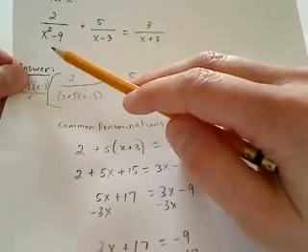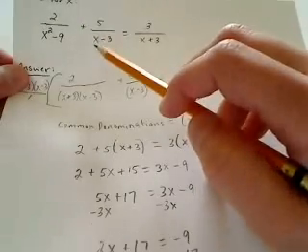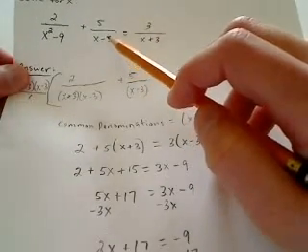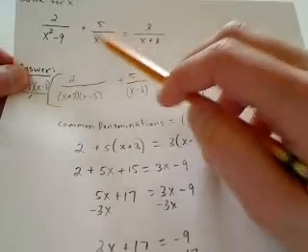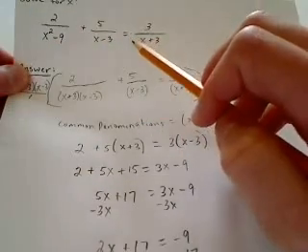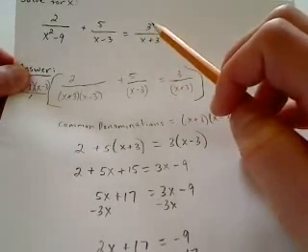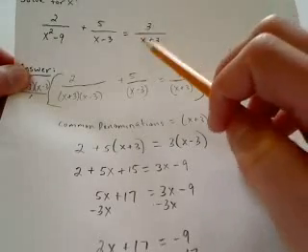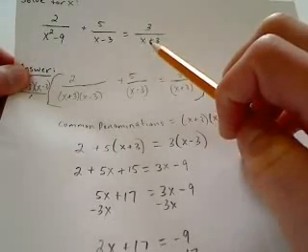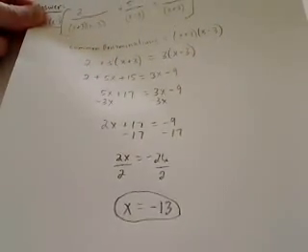Then we take that number and add it to 5 divided by negative 13 minus 3, so 5 divided by negative 16. You'll come up with a number, add these two numbers together, and then see if that number is equal to 3 over negative 13 plus 3, or 3 over negative 10. If it simplifies down and works, you can always check your answer to make sure it's right. And in this case, we are.